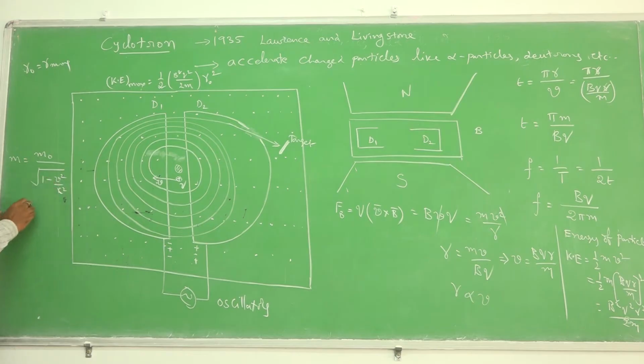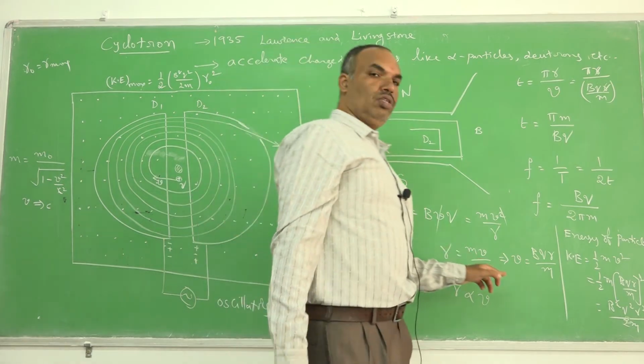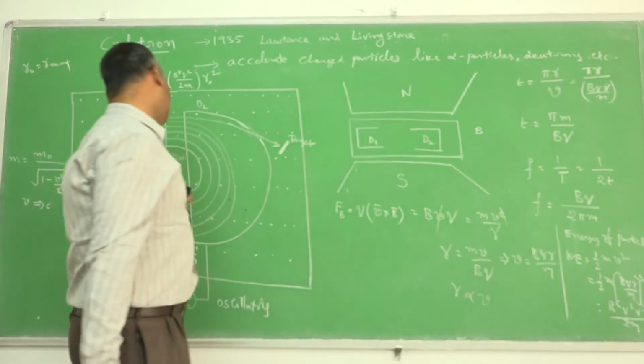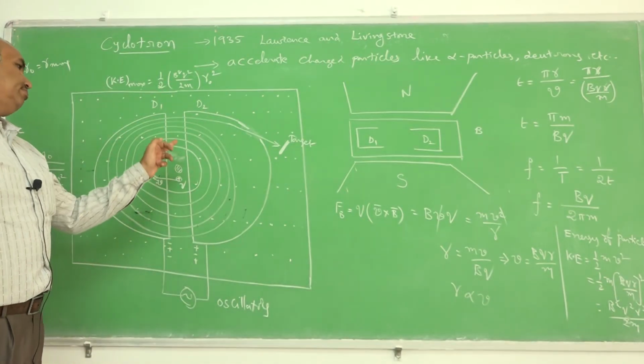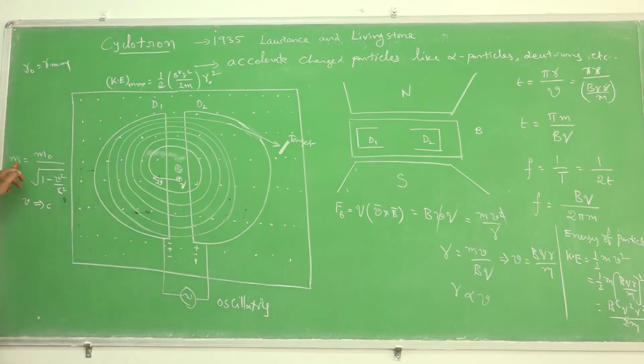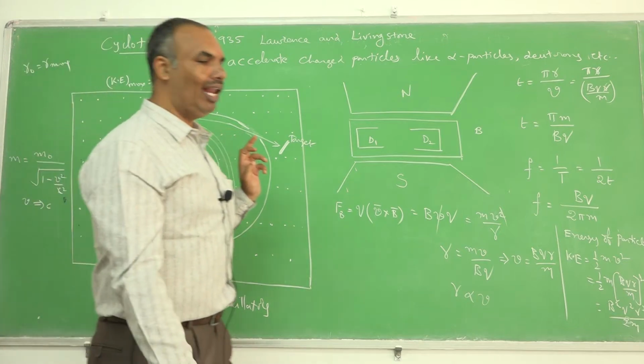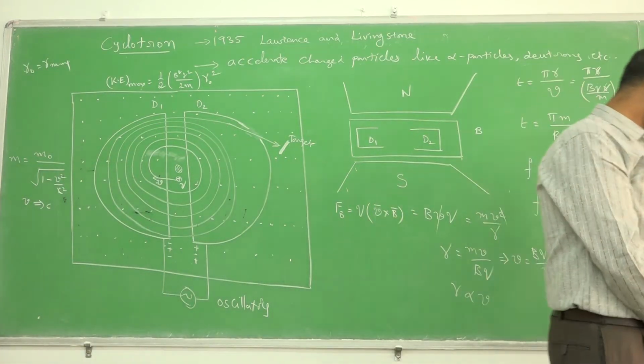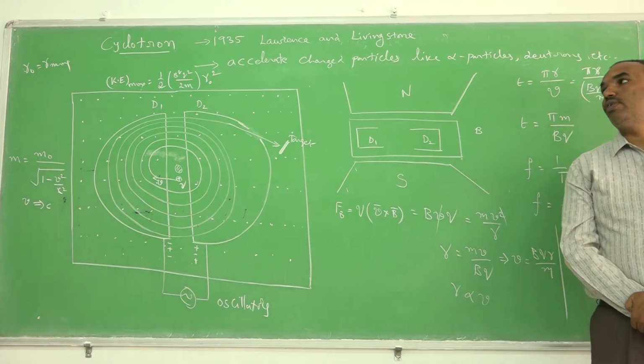If v increases nearer to c, what will happen? Its mass is going to change. Once mass changes, it cannot go for sustained rotations inside the chamber. Therefore, light mass particles like electrons cannot be accelerated with the help of a cyclotron.